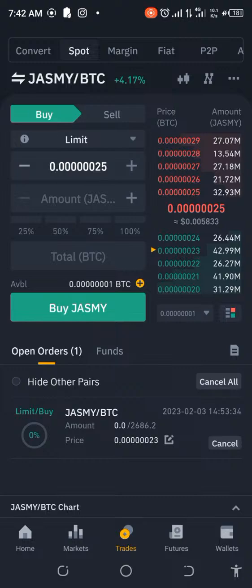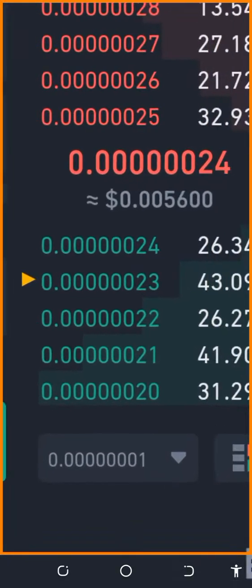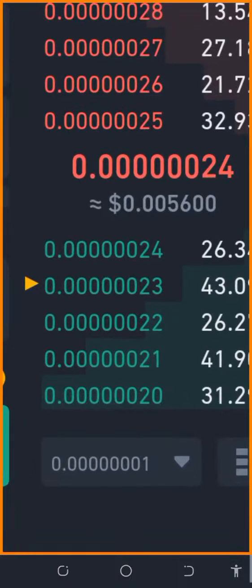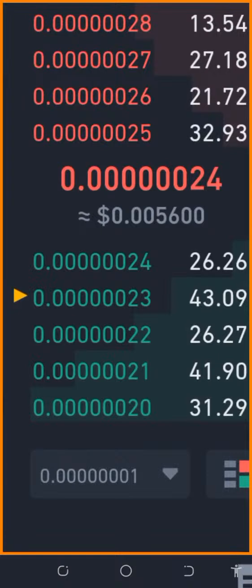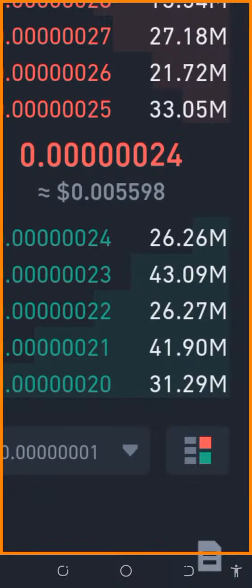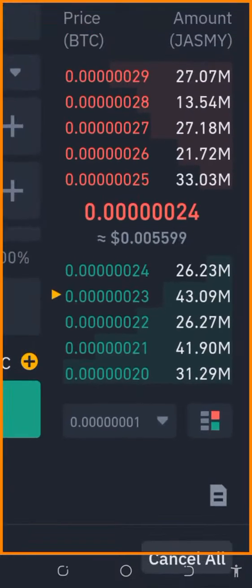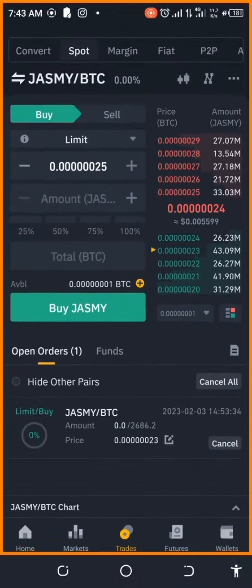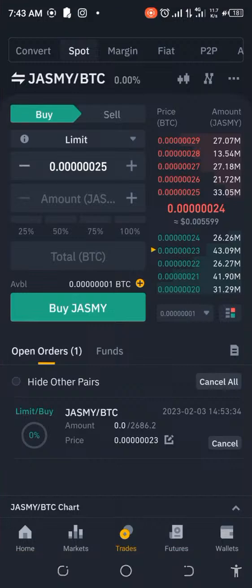I guess the price has actually updated, as you can see here, the arrow is on 0.0023, and the market price that it has been on for a while is 0.000024, and it has been like that for a couple of hours, which means it's going to take a whole long while, probably almost a day or thereabout, and that already is taking so long.